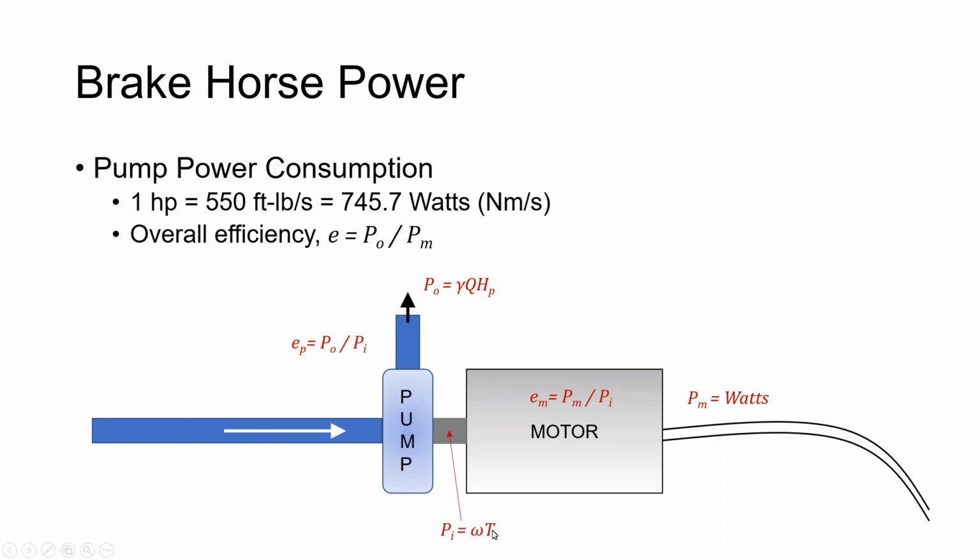We talked about how to calculate the torque. We're not going to do that problem ourselves, but I wanted to define it for you. Essentially the torque is what force at what distance the motor has to overcome to spin the water at a certain flow rate. And then we have the power output, gamma Q H_P.